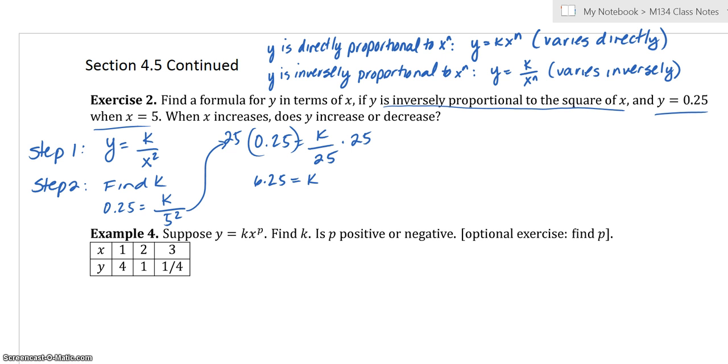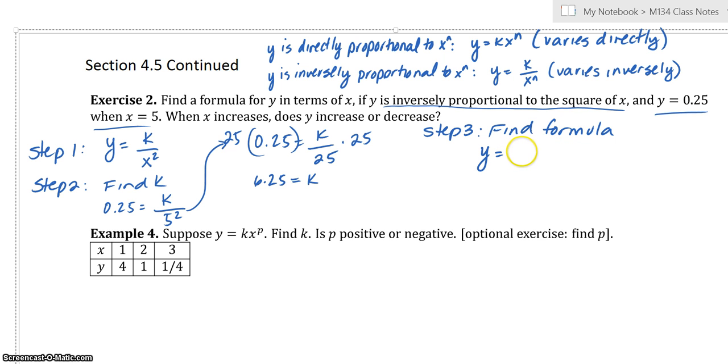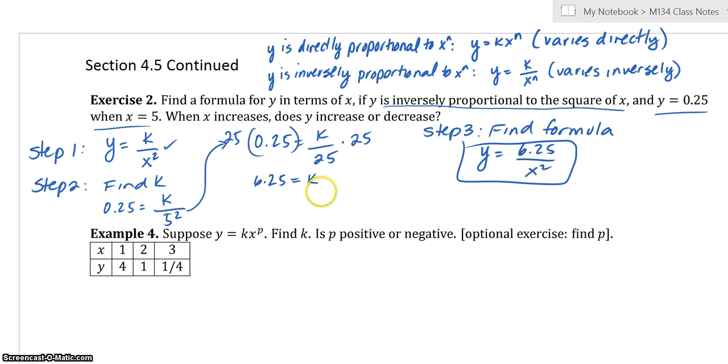So they're looking for the formula. So step 3, just make sure you answer the question. They ask us to find the formula, so it's going to be y equals 6.25 from my original over x squared. So the k is going to stay the same. The x and the y can change. So when x increases, what does y do? Does it increase or decrease?